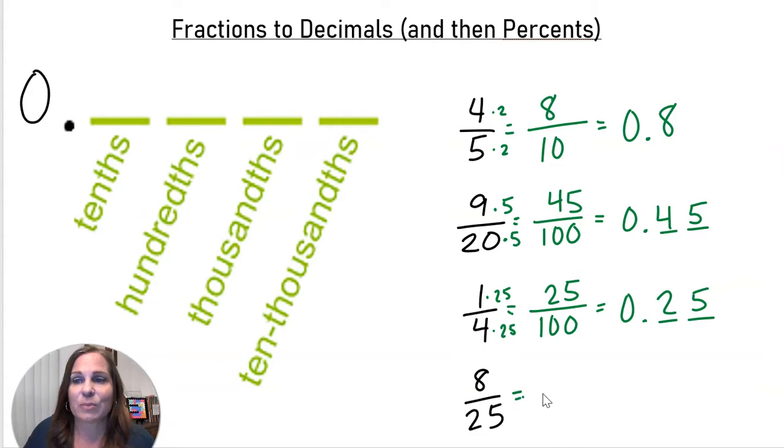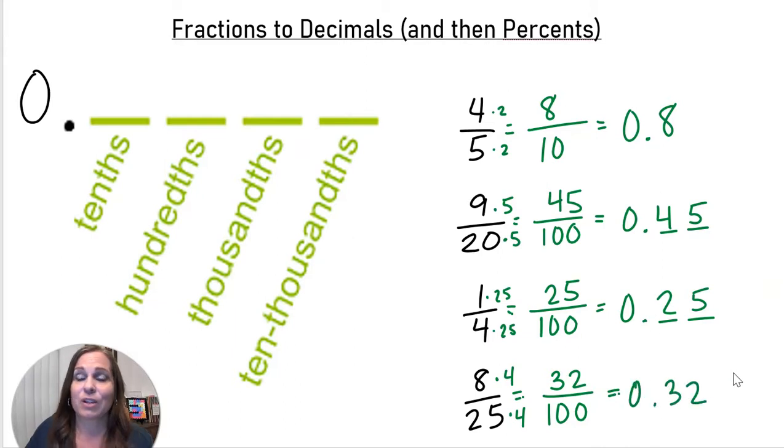And then the last fraction we have here has a 25 on the bottom, and 25 goes into 100. 25 times 4, so I can do 8 times 4 and get 32. And then I have 32/100ths. So it's really easy if the denominator is 10, 100, 1,000, 10,000, or if I can rewrite it so that the bottom number is one of those values.